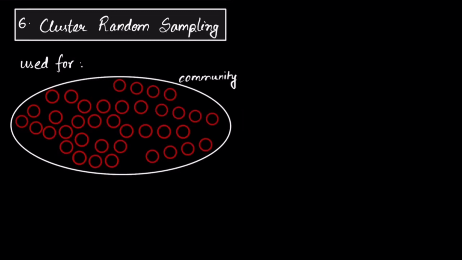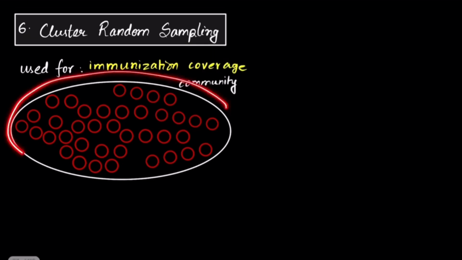The technique of cluster random sampling is used for checking the immunization coverage in a community. And this is how it's done. Let's say we have a community right here which is to be checked for its immunization coverage. First, this community is divided into multiple clusters.